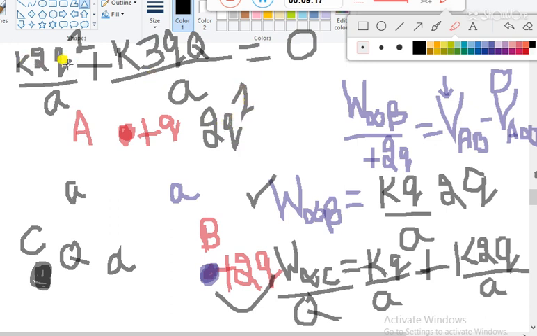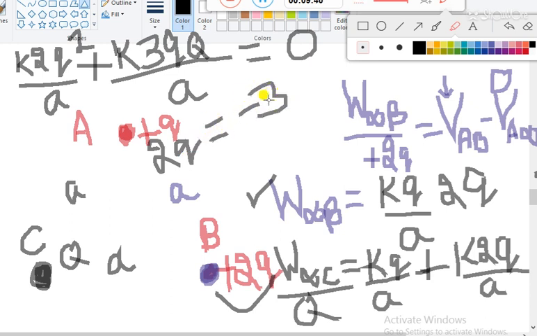We can simply cancel out everything. You can take K common, A common, and small q common. So you will get 2Q equal to minus 3 times capital Q. So you can get capital Q as minus 2 by 3 times small q.